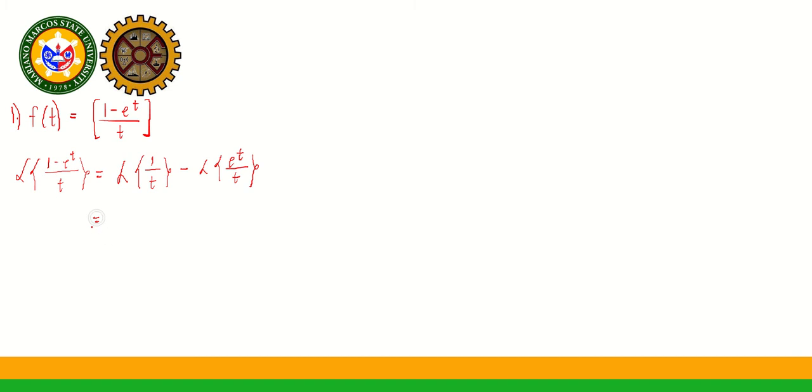So, the Laplace of 1 is equal to 1 over s. And the Laplace of e raised to t from the table is equal to 1 over s minus 1.